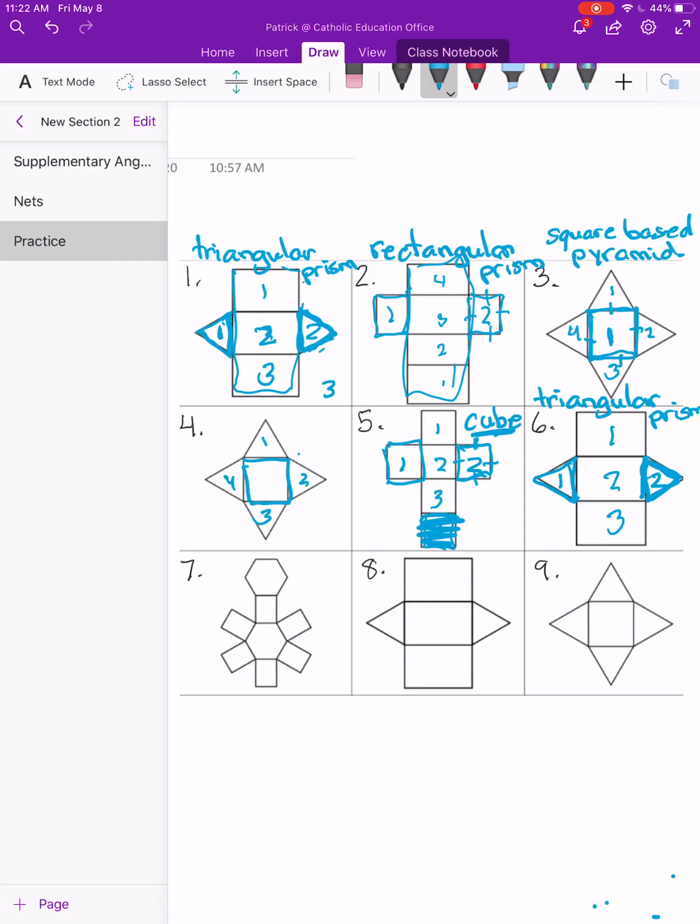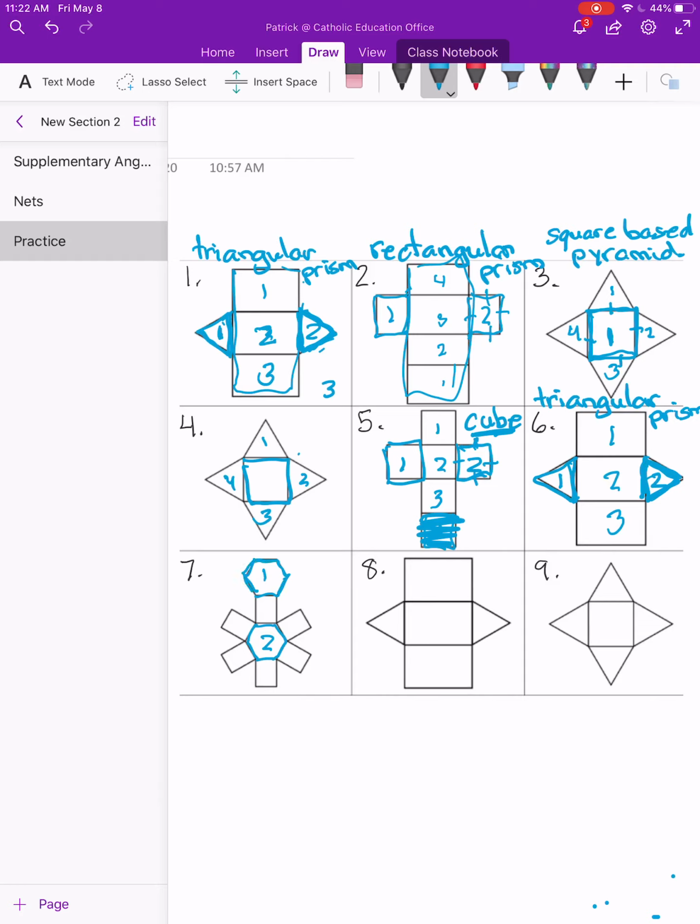So here we are. Well, we have lots of rectangles and 2 shapes that are the same. 1, 2. These are hexagons because they have 6 sides. So when I have 2 shapes the same with lots of rectangles, it's going to be a prism. So what kind of prism is this? Well, it's a hexagon because these are the bases.